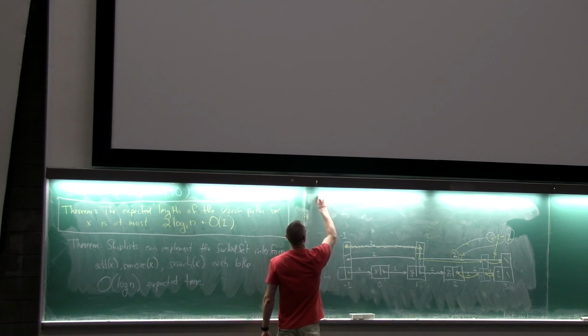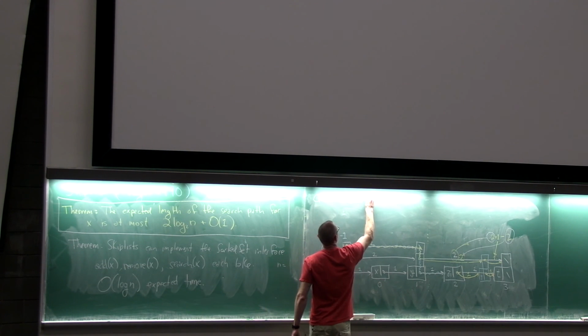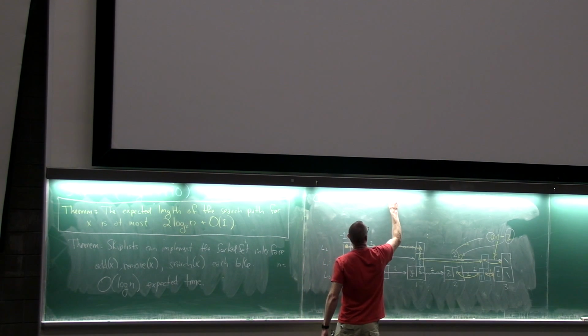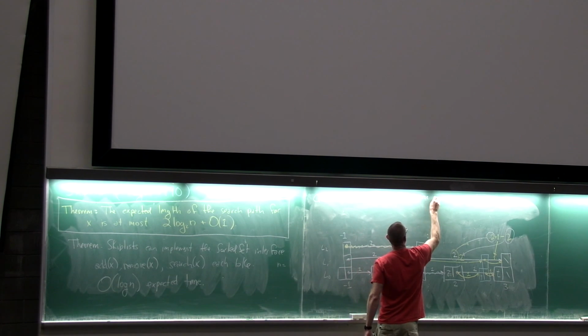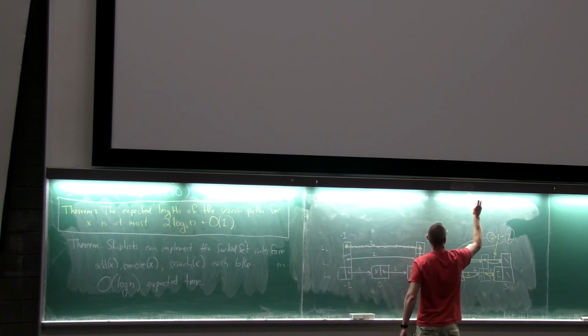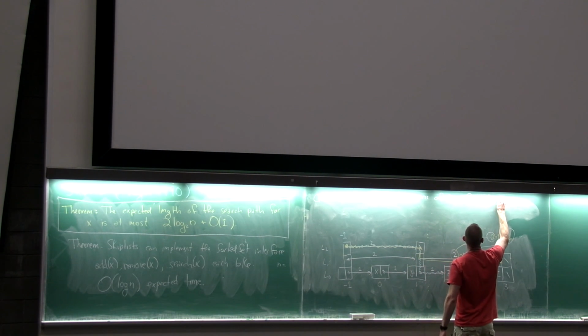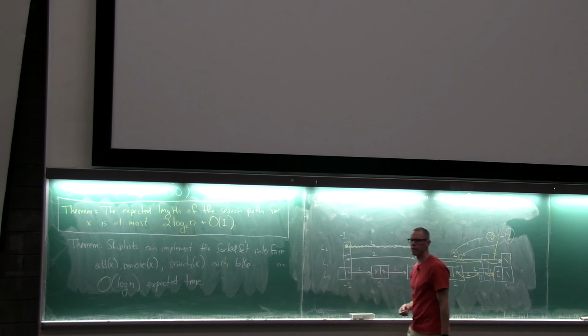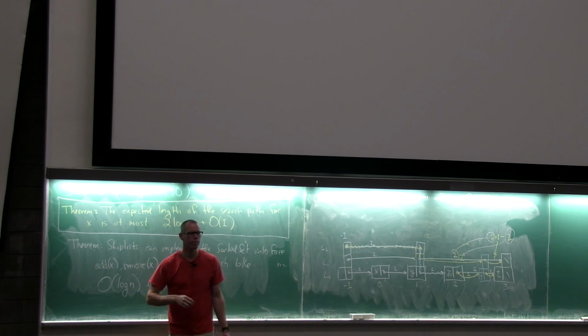So let's ask: what is the expected size of L1 if the size of L0 is equal to n? So if there's n elements in L0, what's the expected size of L1?